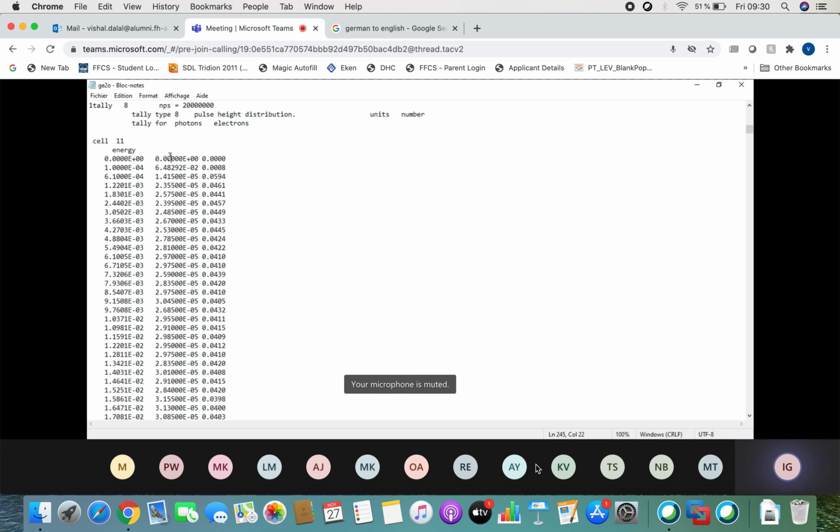Okay? It's clear? If you just show me a graph on Excel or on MATLAB or whatever you want, a graph of the number of counts related to the energy, it's nice.